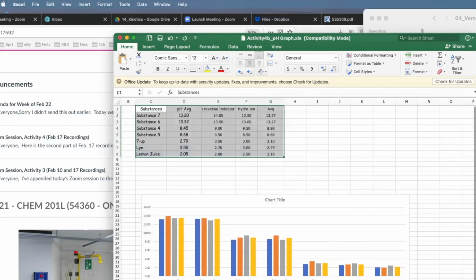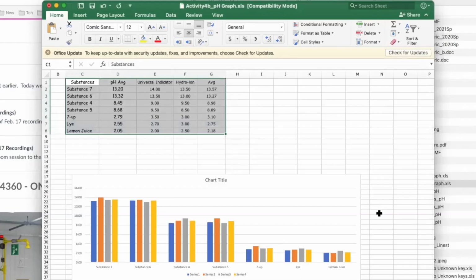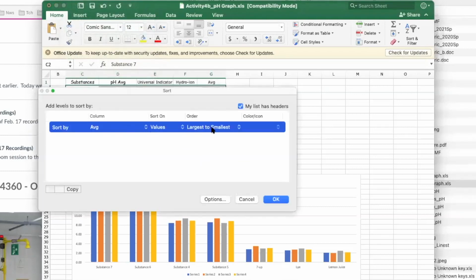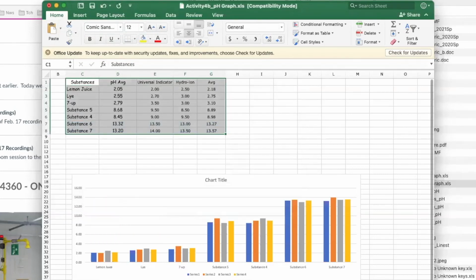And I'm just going to say, okay. See how that instantly changes as I do it on the fly? So again, that's the flexibility of Excel. If I want to make it smallest to largest, I can do the same thing by going under data, sort. And now I want to change this from largest to smallest to smallest to largest, and I can do that.